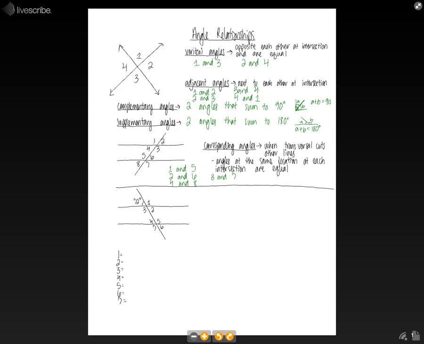And now if we look at an example, we're going to identify all of the angles present when we're only given the first angle, which is 72 degrees. The first thing that we can see is the 72 degrees and angle 2 are vertical angles.